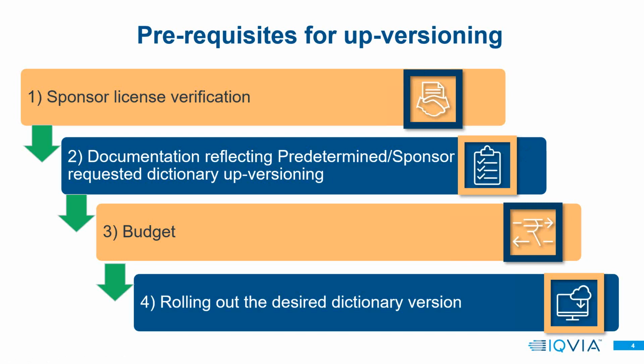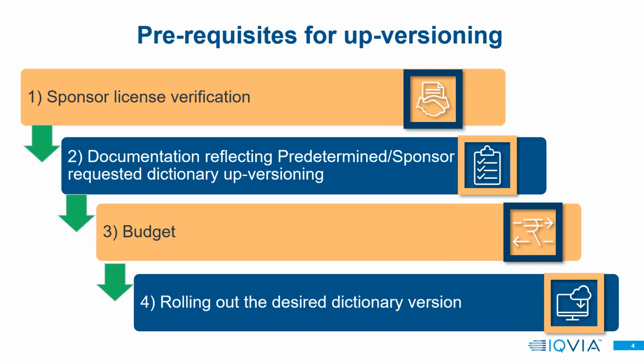But if it's an ad hoc request, or if the sponsor has requested dictionary upversioning at a later stage of the study, we would have this incorporated in the study documents and have the sponsor's approval on the documents. So like the famous saying in clinical research, if it is not documented, it did not happen.